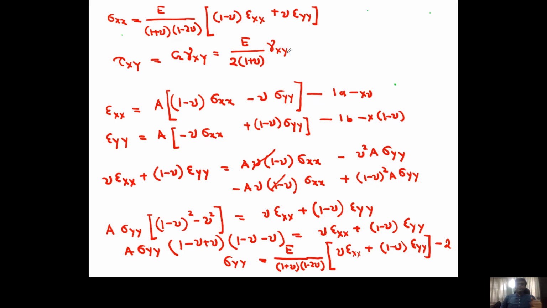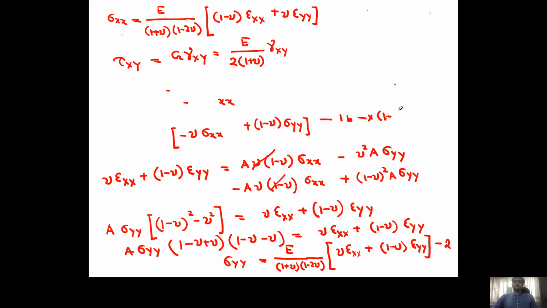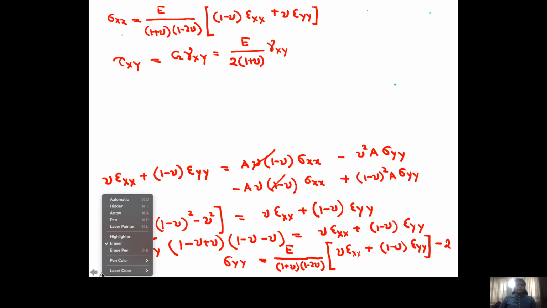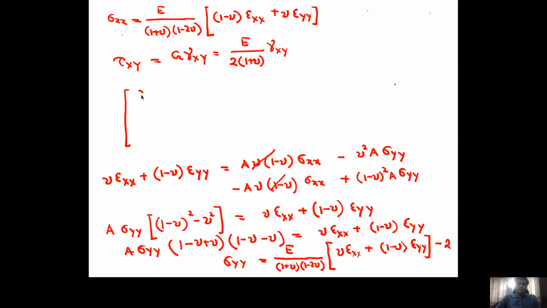So we need to write it in matrix form. I need some more space, so let me erase some more. But that is the final thing for this slide. All right. So finally, the stress strain relation is written as, you have sigma on the left hand side now.